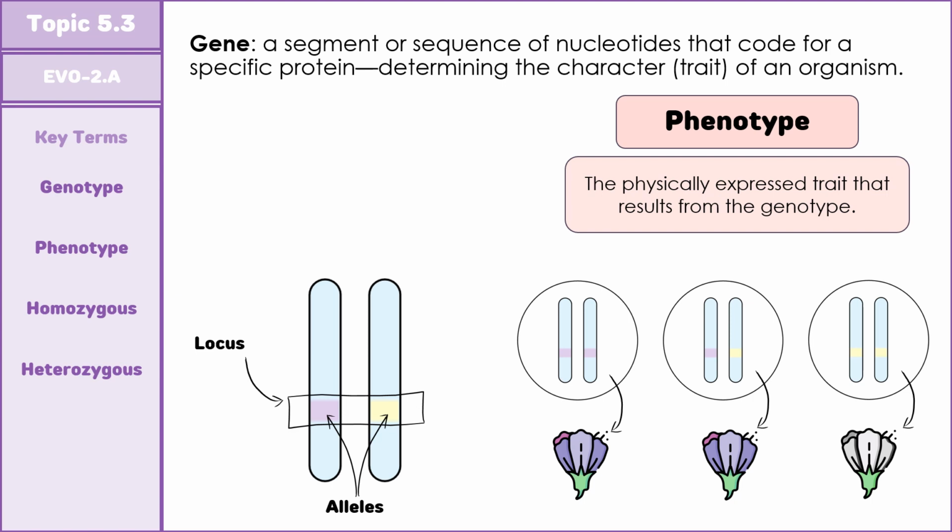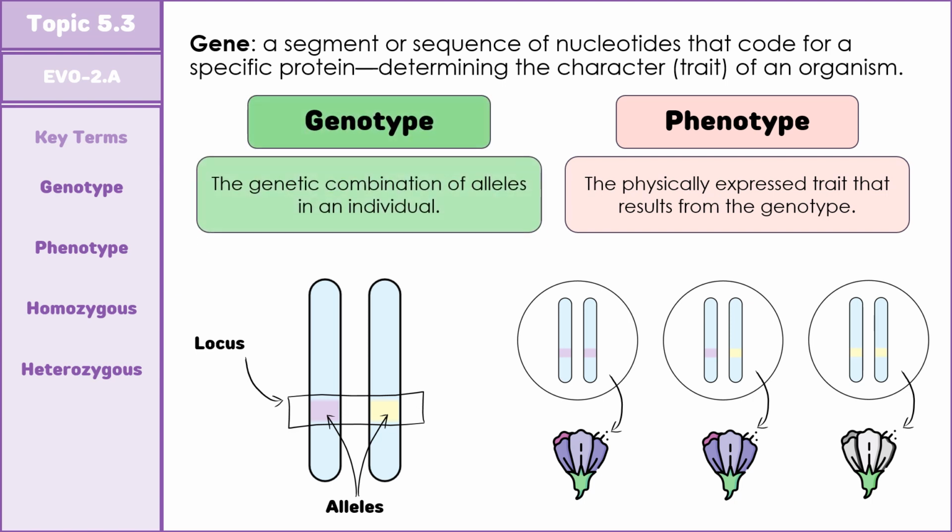So in these phenotypes, we have a couple of different colors, and those are going to be determined by what we call the genotype, which is the term that we give to the combination of alleles possessed by an individual.